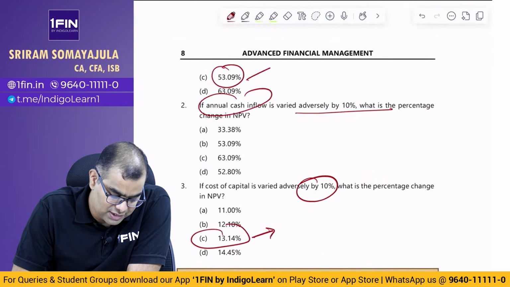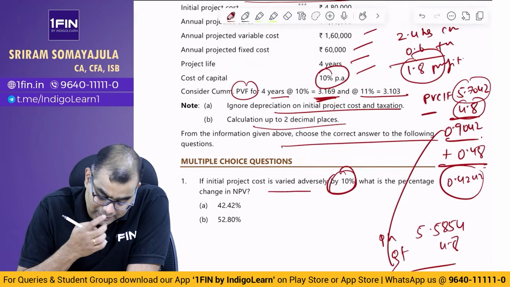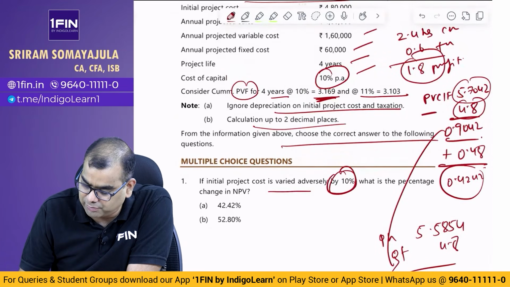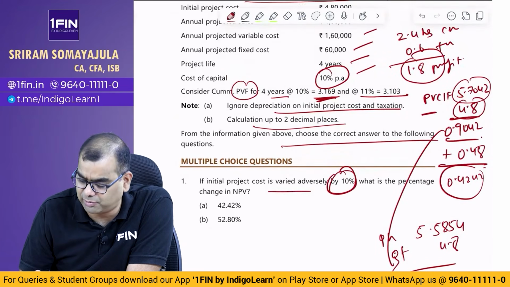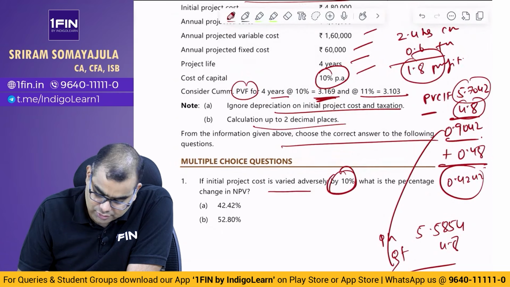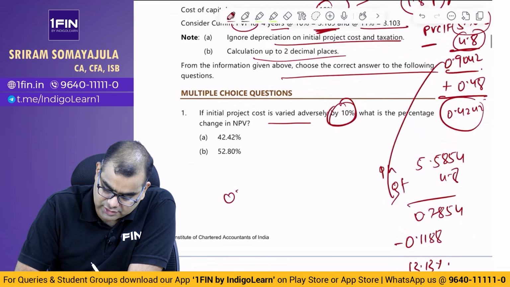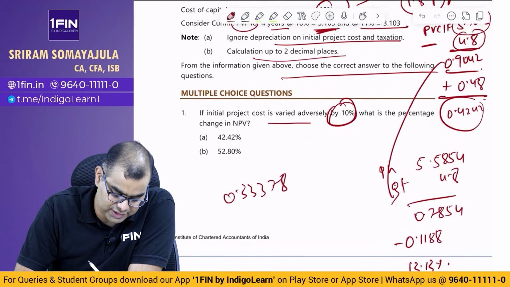Now, what is annual cash flow? Annual cash flow is 1.8 lakhs. So this 1.8 lakhs reduced by 10%, so 1.8 minus 0.18 is 1.62. 1.62 into 3.169 is equal to 5.1338, minus 4.8 will give me 0.3378. That is the revised NPV.